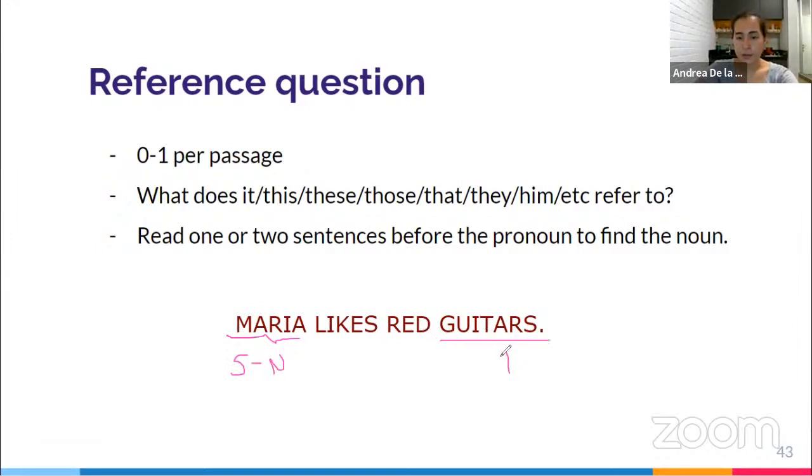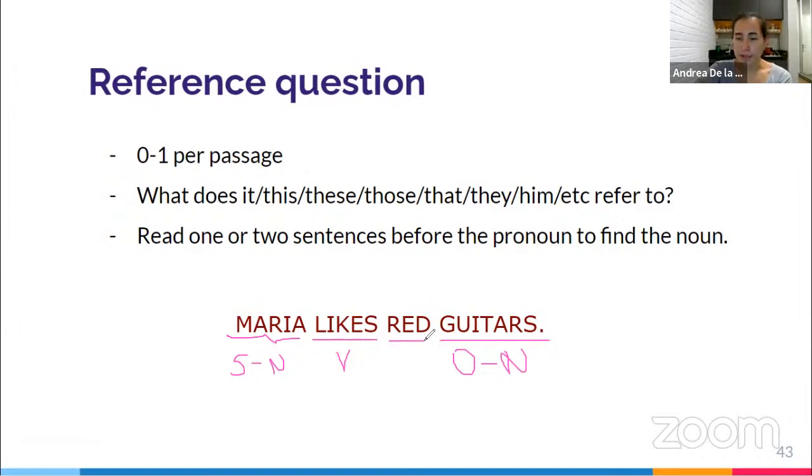Guitars is also a noun, although it's not the subject, right? It's the object of the sentence. So do you guys think that the word like is a noun? I think it's a verb. It's a verb because it describes the action, right? A verb is something that describes an action or the name of an action, right? Like play, do, make, eat, sing, and everything else.